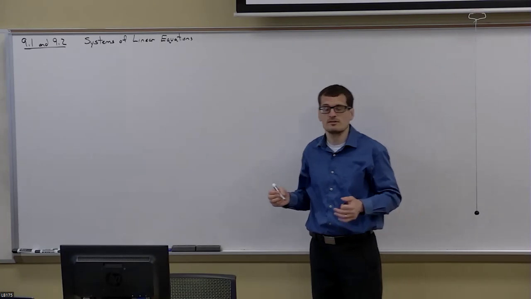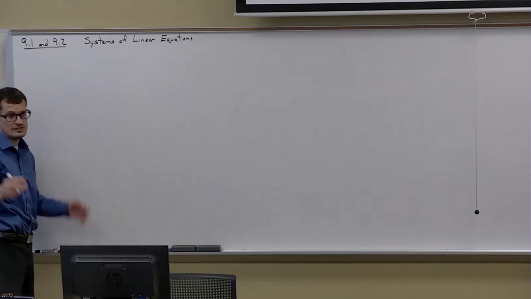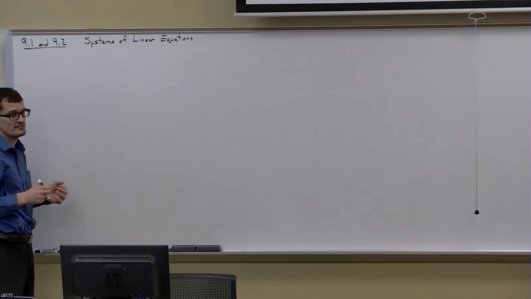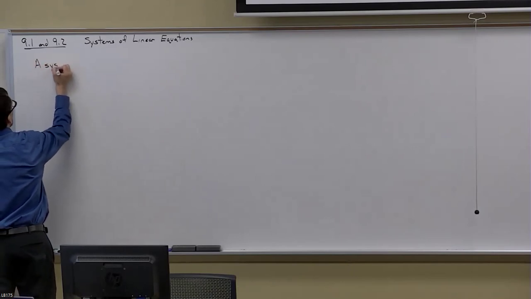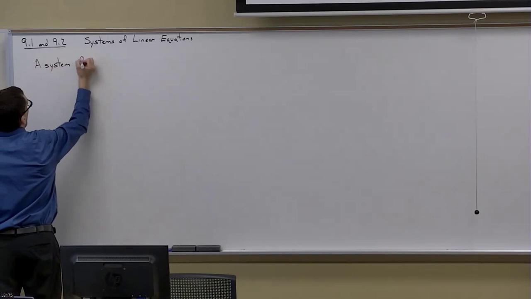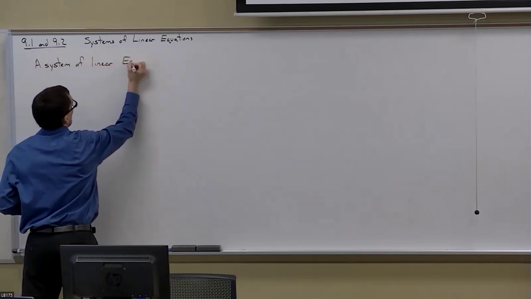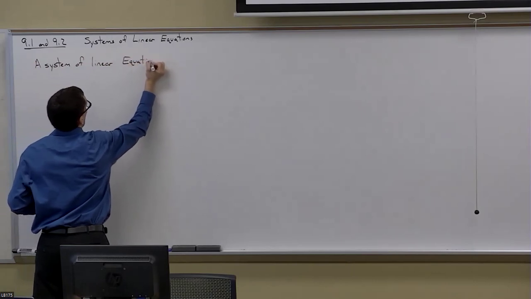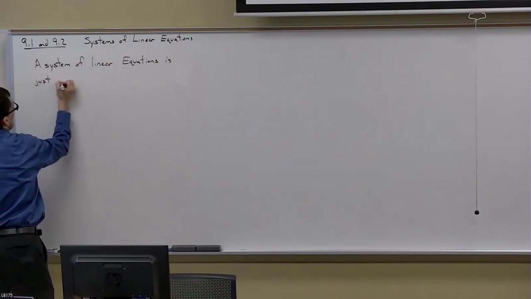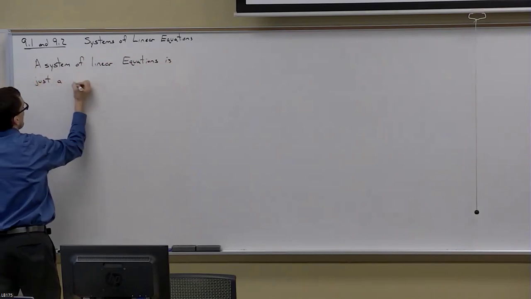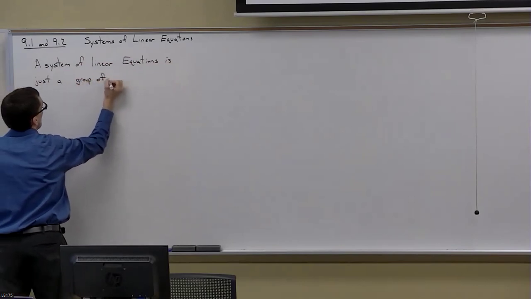Now, a system of linear equations is just multiple linear equations as a set, right? So a system of linear equations is just a set or a group of linear equations.